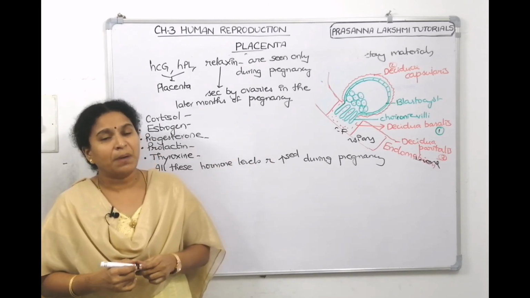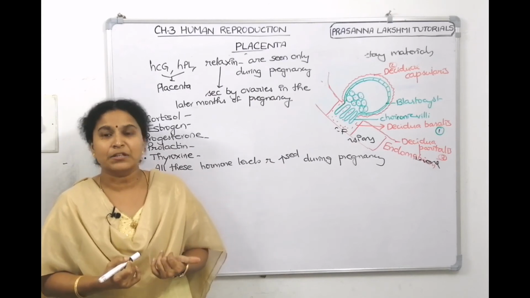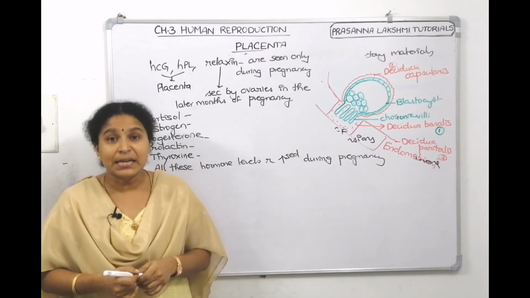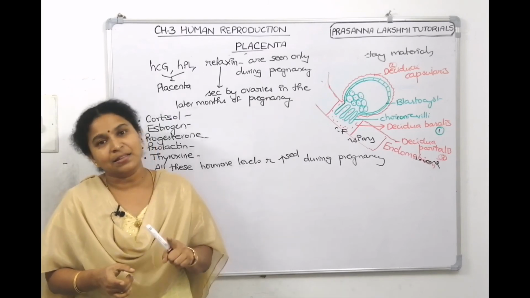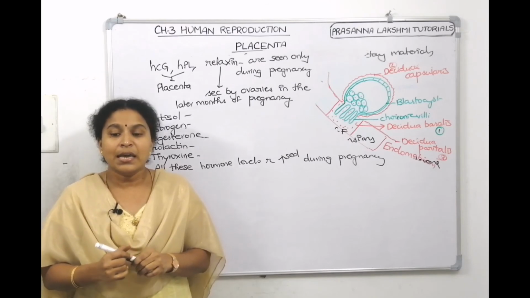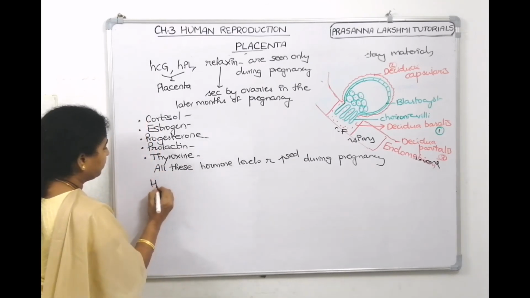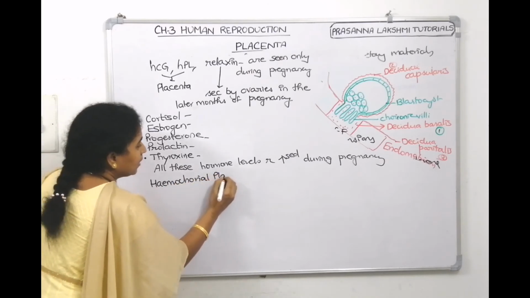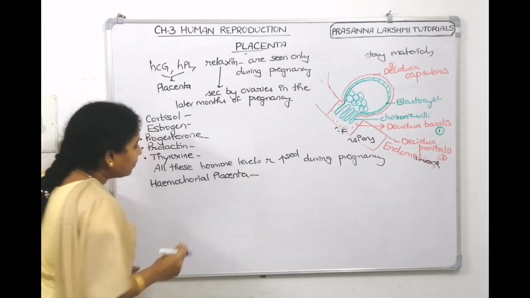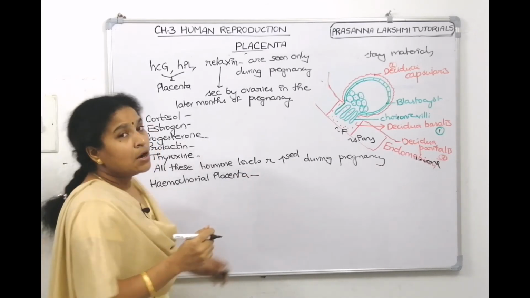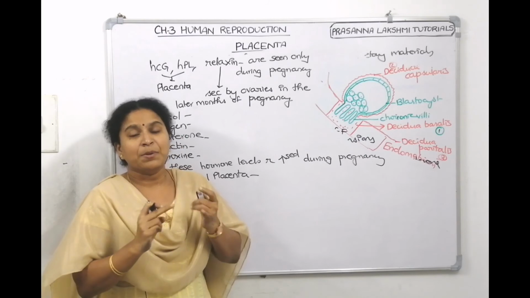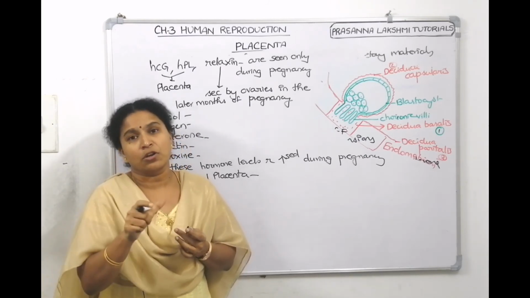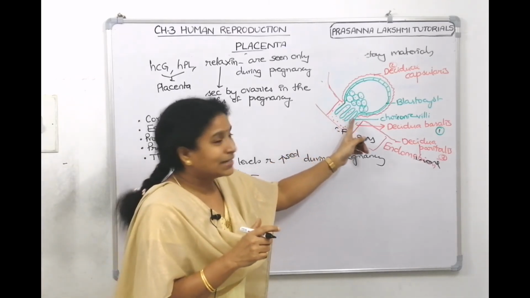Now, when we talk about placenta, we said it's a mechanical and physiological connection. Human placenta is of which type? Basing upon the intimacy between the fetus and the maternal tissue, we can call it hemochorial placenta. Means, on what basis are you calling it hemochorial placenta? On the basis of intimacy between the fetus and the maternal tissue. Basing on the distribution of the chorion, chorion is distributed like a disc.